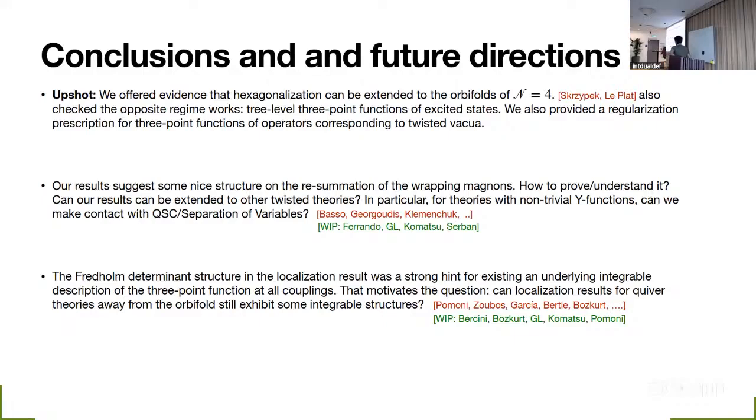We also provided a regularization procedure, which is very physical. I can show you the next slide, for computing correlation functions of twisted orbifolds, in principle, in theory, but that's still to check.